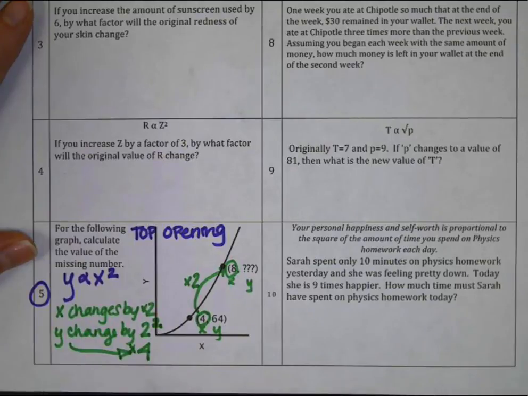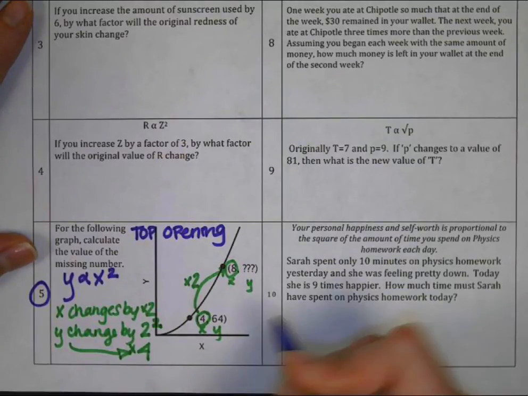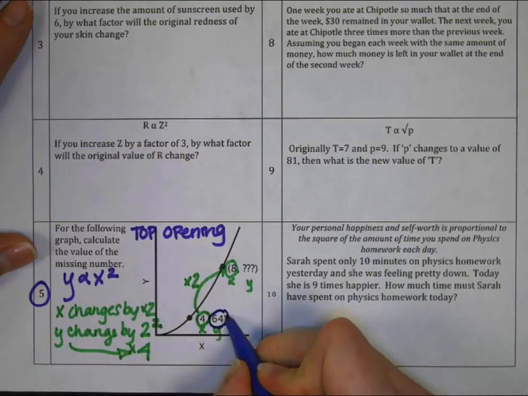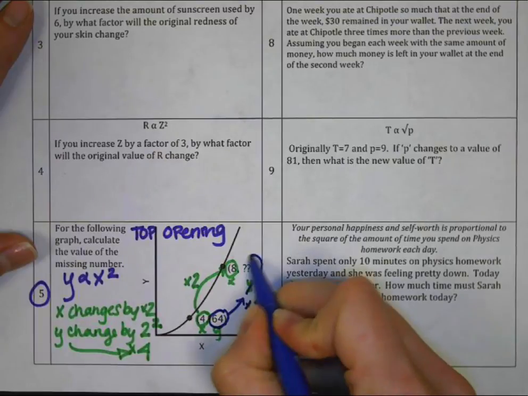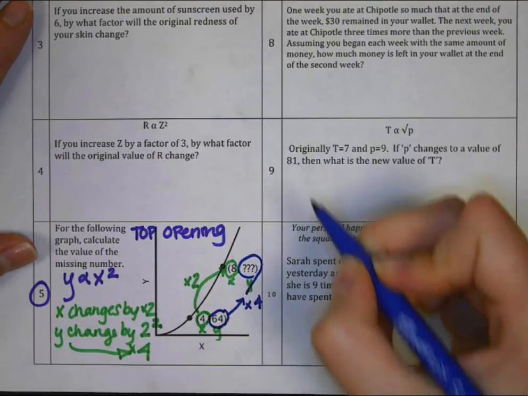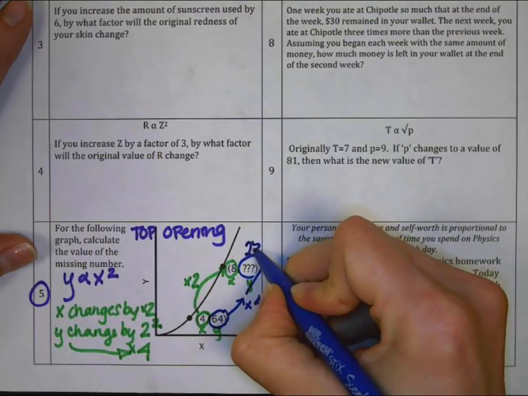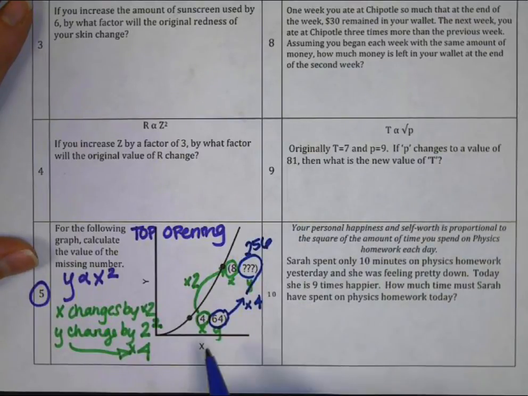So by a factor of 4. So then we can take from our y value, 64 times a factor of 4 will get us a value of 256. I simply did that by taking 64 times 4, the factor that y changes, and that was equal to 256.